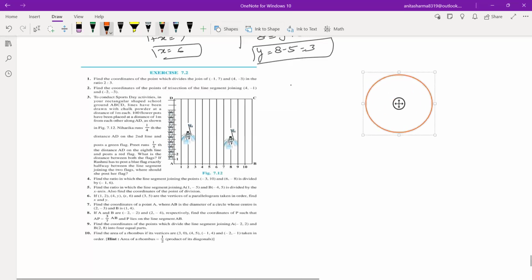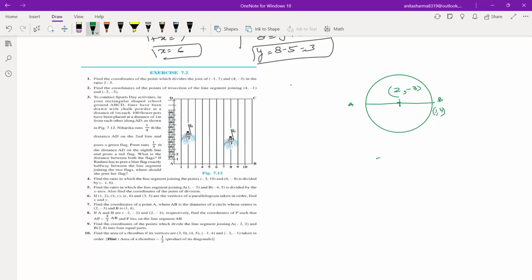This is your circle. And in the circle, you are given AB is the diameter. So what is a diameter, beta? Our largest chord which passes through the center, that is called the diameter, right, beta? So AB is the diameter of the circle whose center is this point 2, minus 3, and B point is given 1, 4.